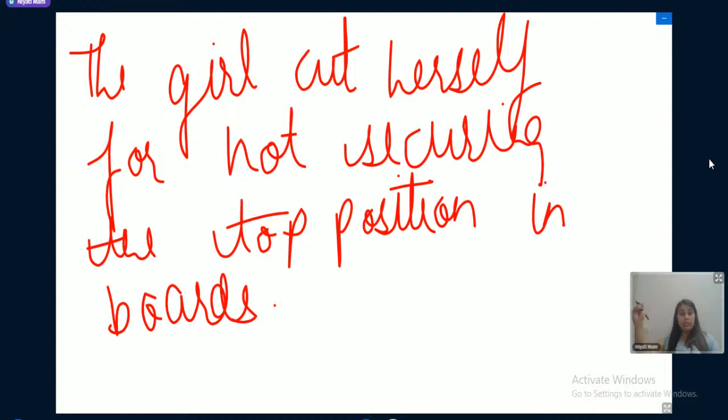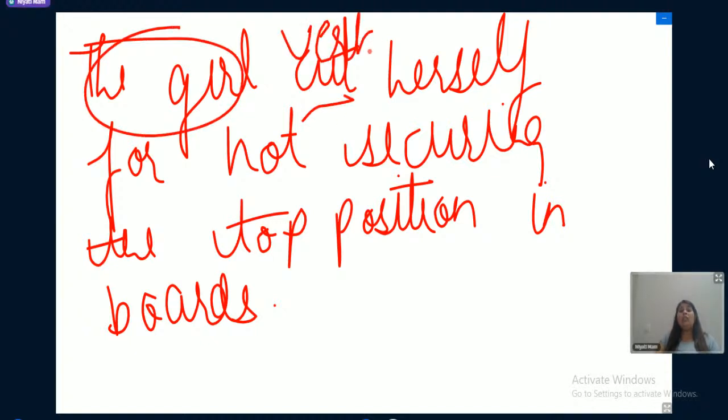The girl is the doer here. If we talk about the subject of the sentence, the girl is the subject here. Cut is the verb. Now, the girl cut whom? The girl cut herself. The girl performs the action and she performed the action on herself.